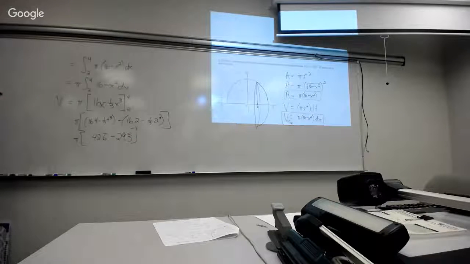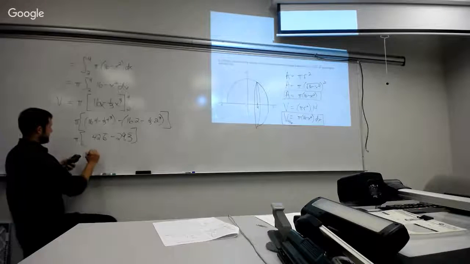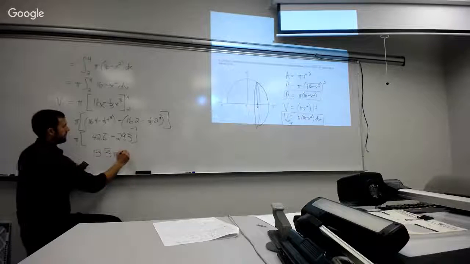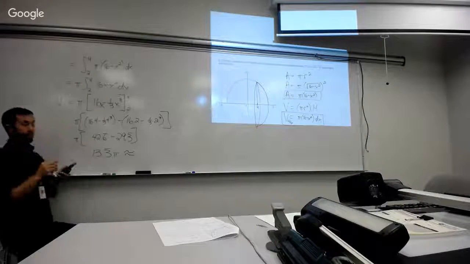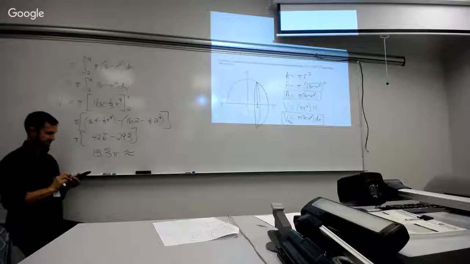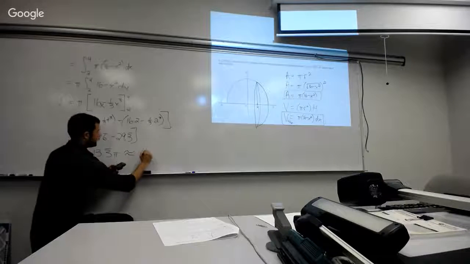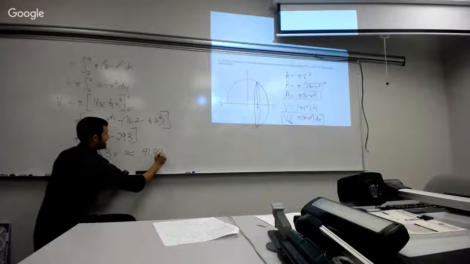So then we subtract 42.6666 minus 29.33333. That's 13.3 repeating times pi. The final volume is 41.8879.